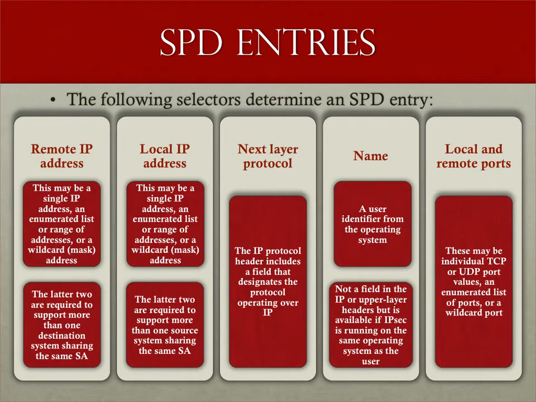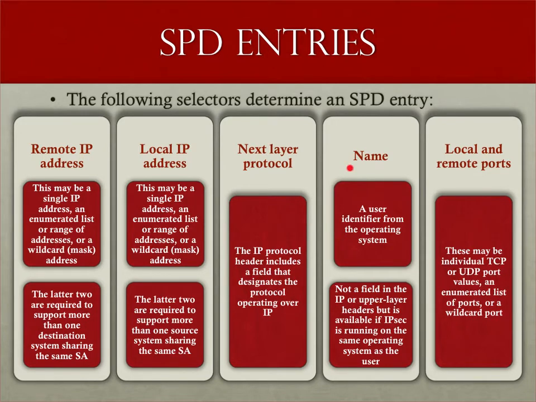So for any incoming traffic, I could have a remote IP asterisk and a local IP asterisk, so anything coming from any source to any destination, but it uses the TCP protocol. So all the TCP traffic will have to follow certain behavior.